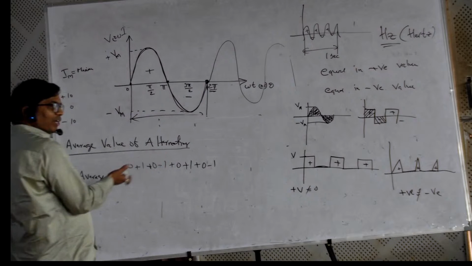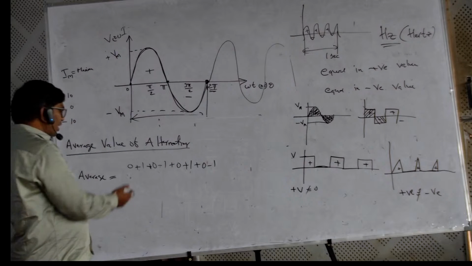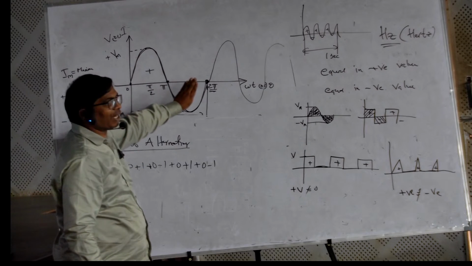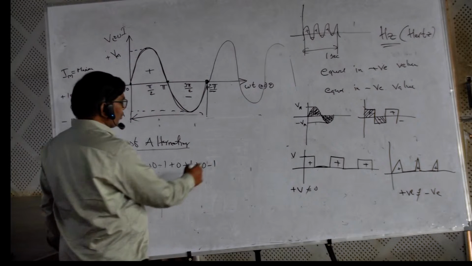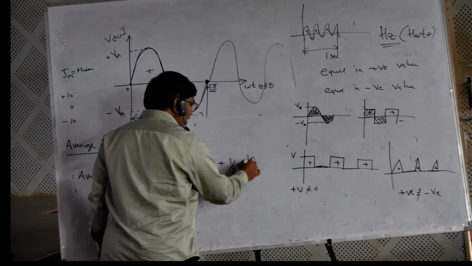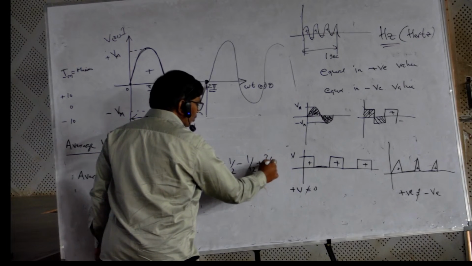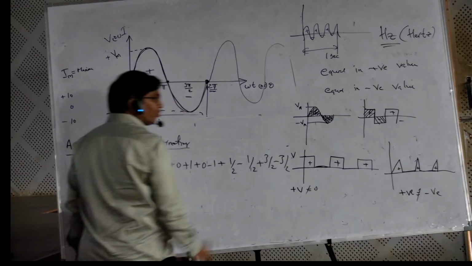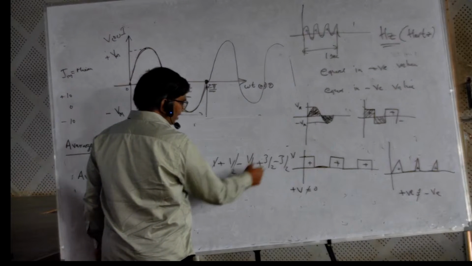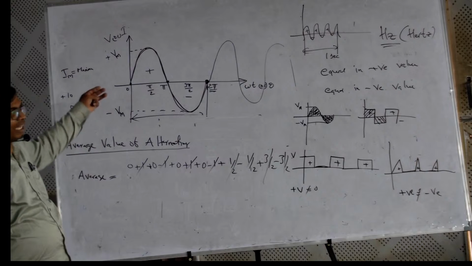So for a sine wave the observations are only these. In between, you also get positive values equal to negative values. For example, if you have plus 1 by 2, you may get minus 1 by 2 also. If you write plus 3 by 2, you can get minus 3 by 2. So it is equal on both sides; it is a symmetrical wave.